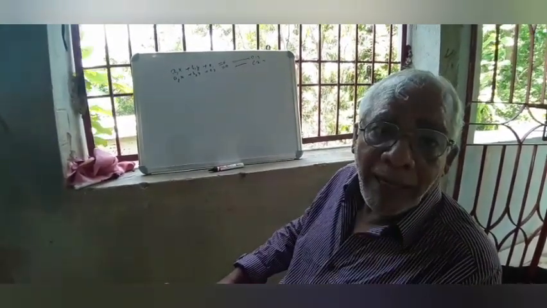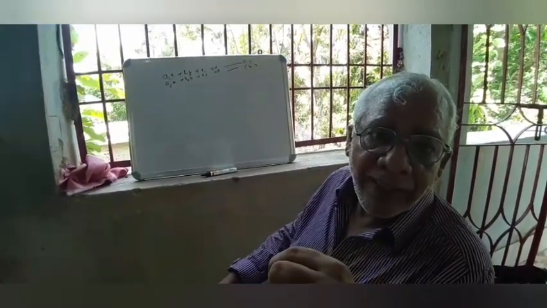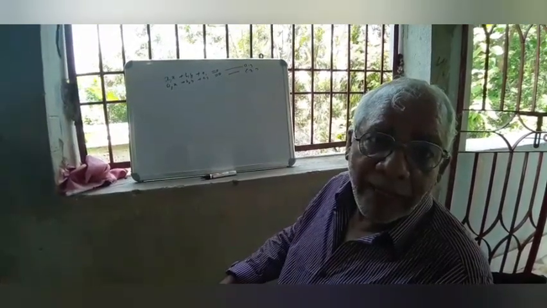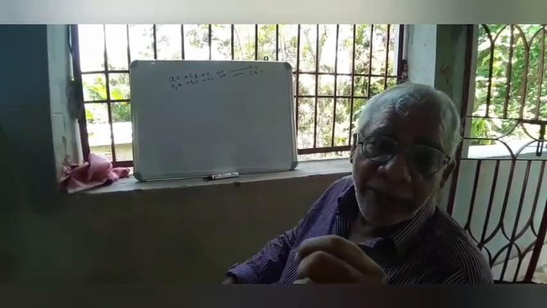And what do you mean by equation? Line is also a plane geometric figure. Triangle is a plane geometric figure. Quadrilateral is a plane geometric figure.